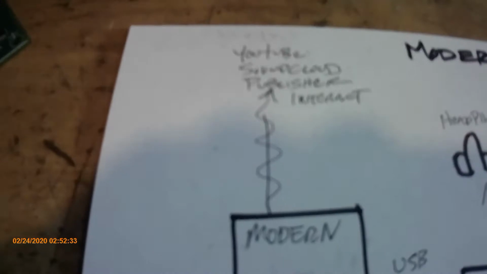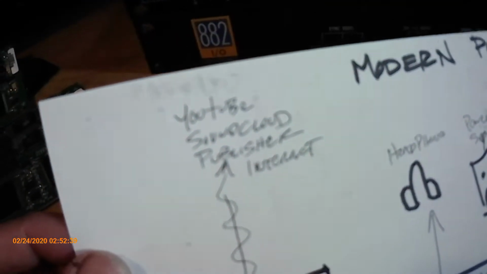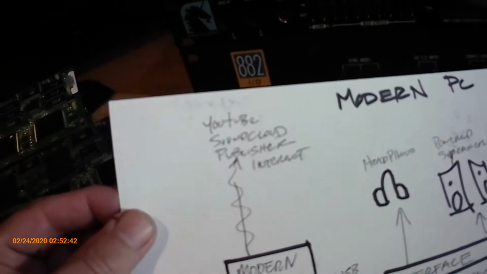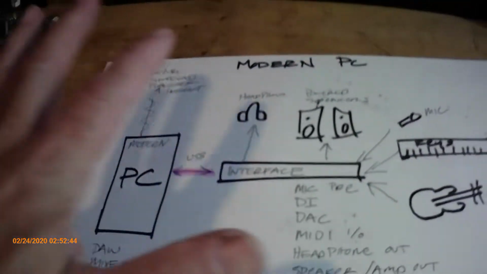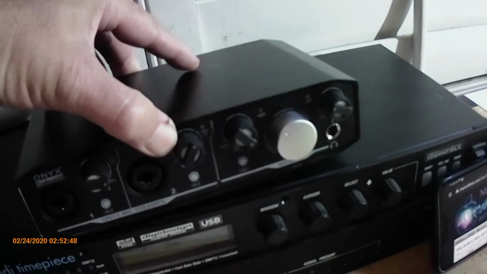And then that interfaces the rest of the world because it is directly connected to the internet, and you have things like YouTube and SoundCloud that allows you to publish on the internet. So in this world, everything is very encompassed in one little box.